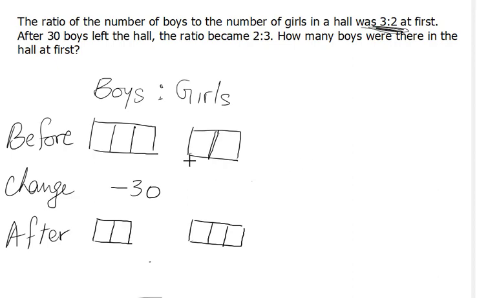But what we know for sure is this, that this here is equal in size because there was no change. Here it is represented as 2 units. Here the same thing is represented as 3 units.